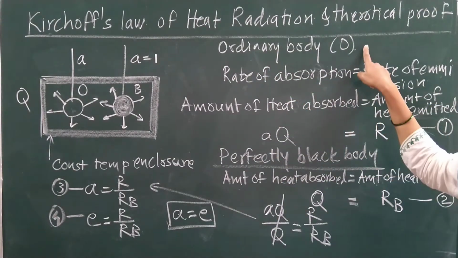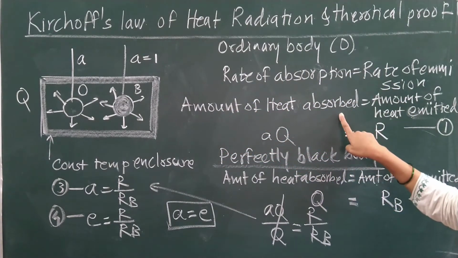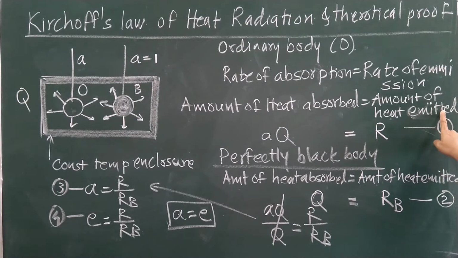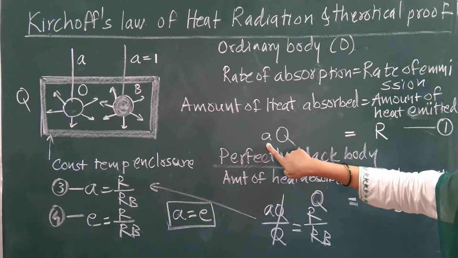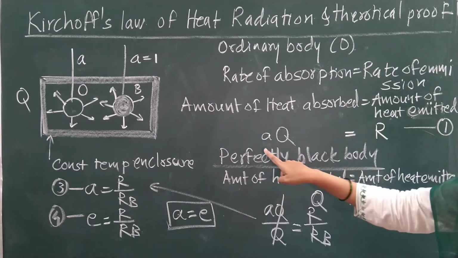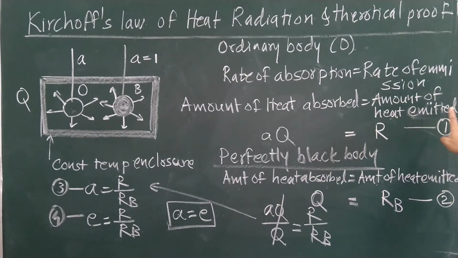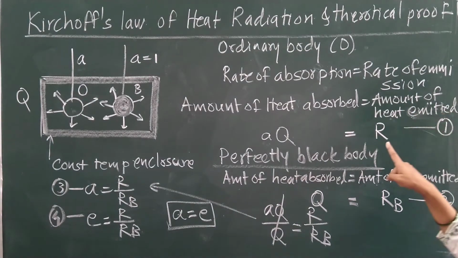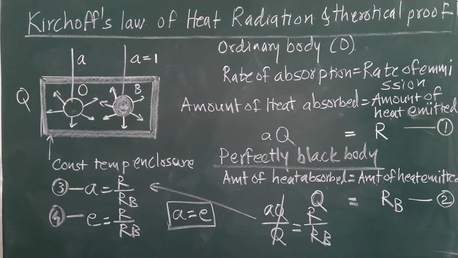Now for the ordinary body, the amount of heat absorbed must be equal to the amount of heat emitted. From the definition of coefficient of absorption, the amount of heat absorbed is A into Q, and the amount of heat emitted, from the definition of emissive power, is R. That is equation number 1.